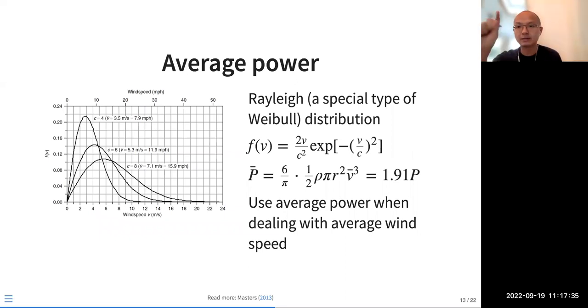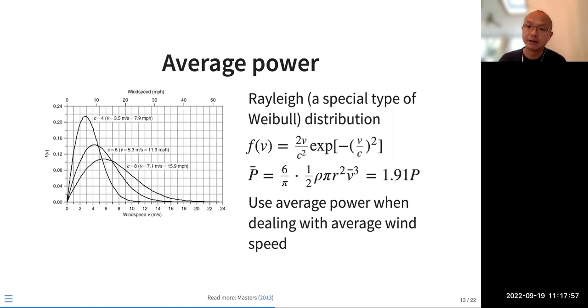If we plot the distribution of the wind speed, it's close to the Rayleigh distribution. And to calculate it, the relationship is which is the area, right?